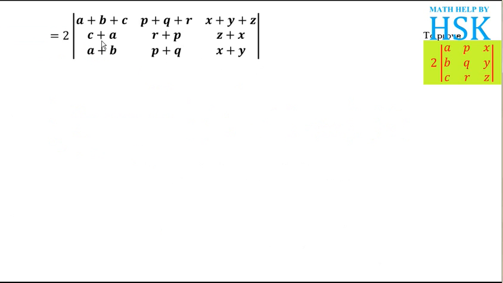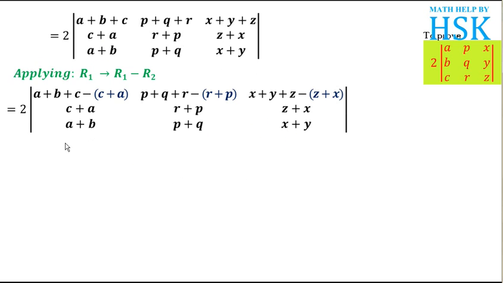Further, I am going to subtract the elements of the second row from the first row, applying R1 changed to R1 minus R2. So I am going to get 2 times a plus b plus c minus c plus a, p plus q plus r minus r plus p, x plus y plus z minus z plus x.